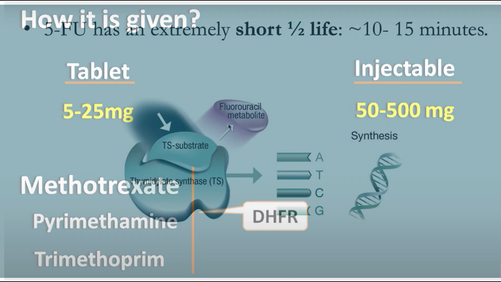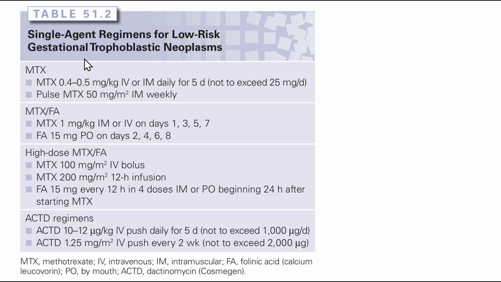Now, for single agent, you can give methotrexate 0.5 milligram per kg. So for 50 kg, that is 25 milligrams IM daily for 5 days, or you can pulse methotrexate 50 milligrams IM weekly, or you can give actinomycin D, 10 into 100 is 1000 micrograms, 1 milligram basically, or 1.25 milligram every 2 weeks.